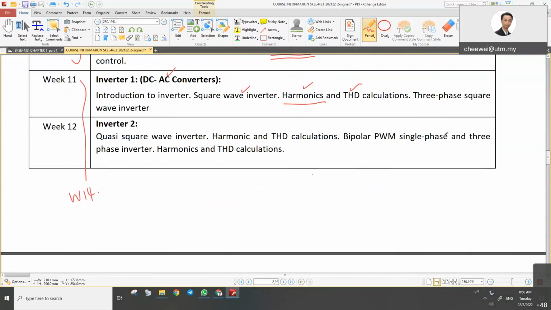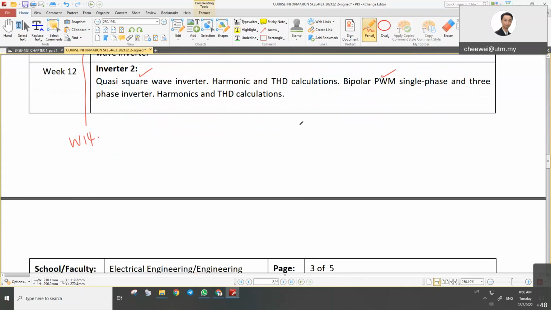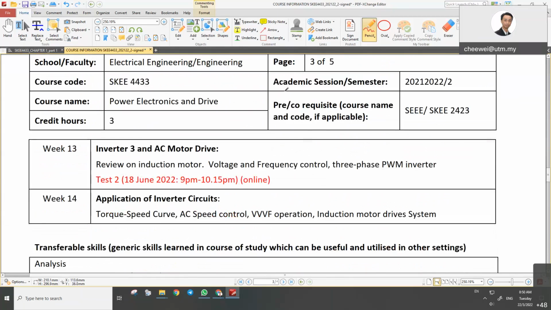And we have single-phase and 3-phase inverters. Then it comes to different types of inverter, quasi square wave. And then finally, we have bipolar PWM, which stands for pulse width modulation, single-phase and 3-phase inverters. So for all the inverters you will have to do the THD calculation.